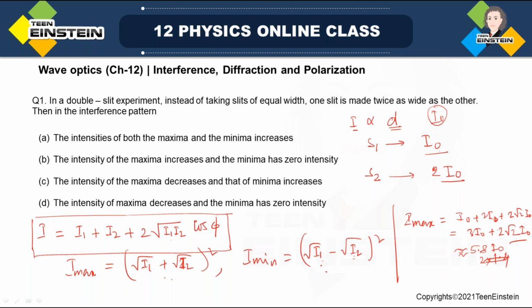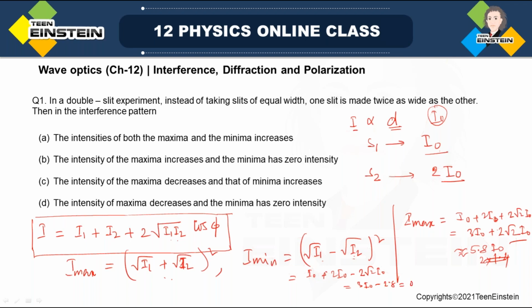Now look at the minima also. If we put it here with the minus sign, it is I0 plus 2I0 minus 2 root 2 I0. So this is 3I0 as we know, and this is 2.8.